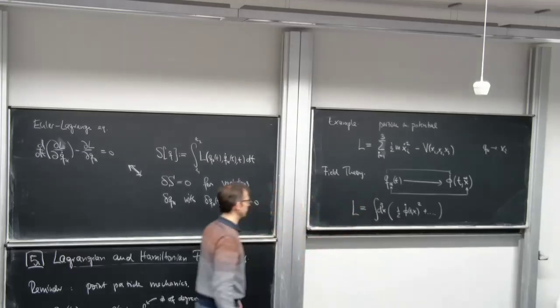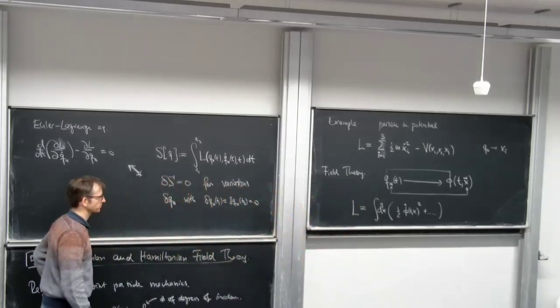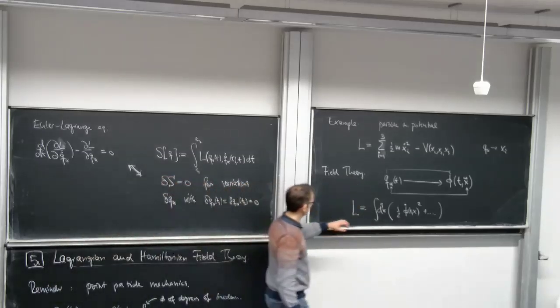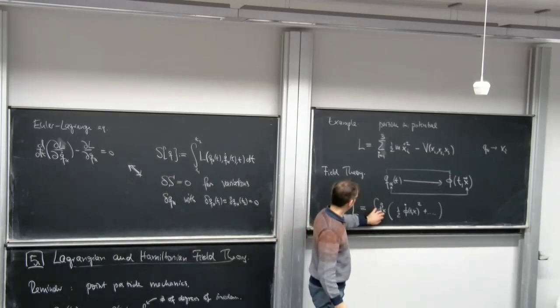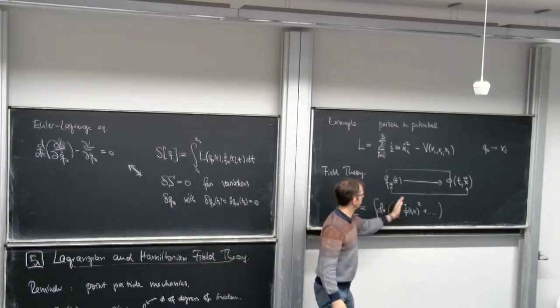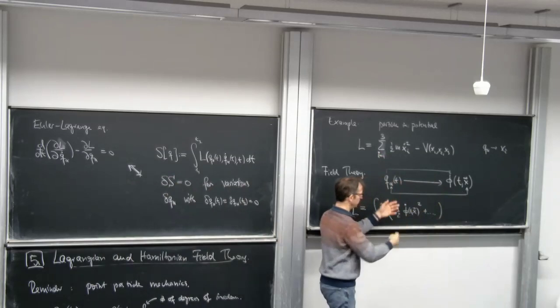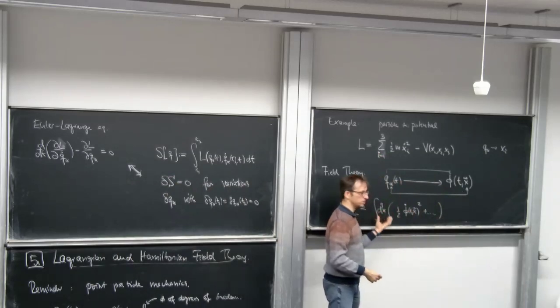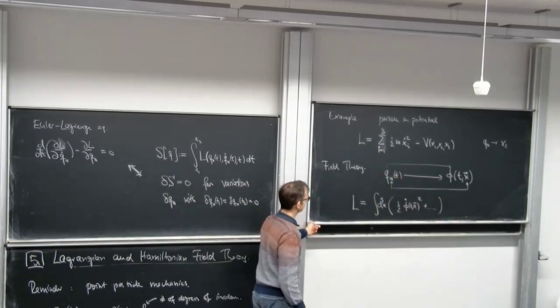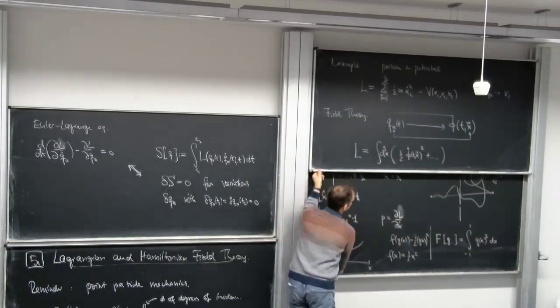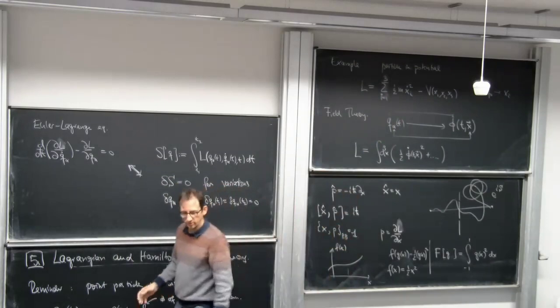This could be a Lagrangian. Every degree of freedom may appear, and then we sum over it, and then we do something. It could appear in a complicated way.